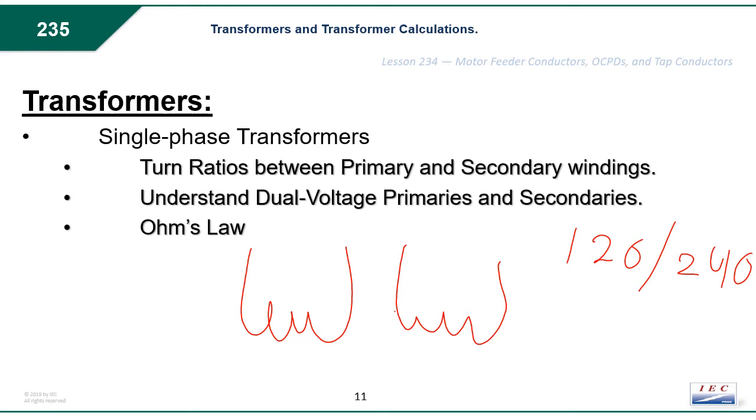Each of these windings is only rated up to 120 so that they can be connected in series in order to receive the 240. Or they could be connected in parallel to receive the 120.